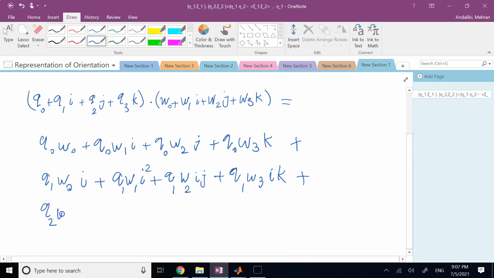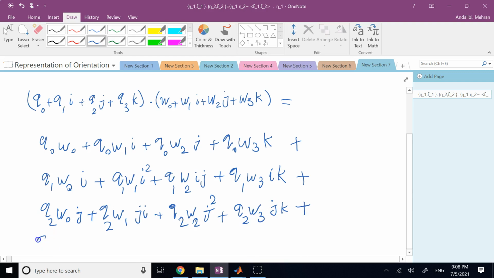So there's going to be Q2 W naught J, Q2 W1 JI, plus Q2 W2 J squared, plus Q2 W3 JK.